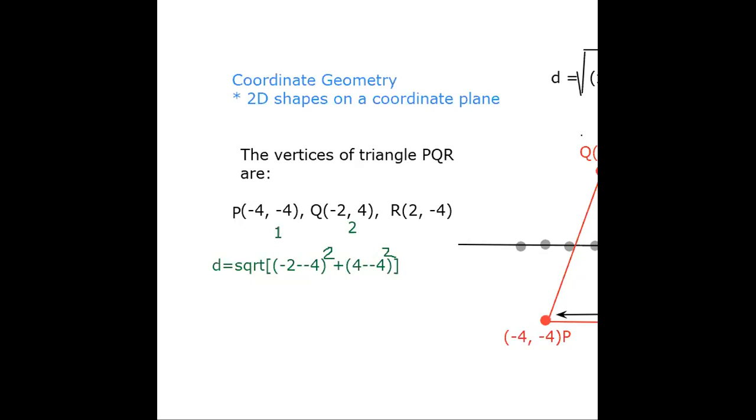Now, whoops, the daisy, I put something in there wrong. Hold on. -2 minus -4 quantity squared. Squared, let's see what we got.